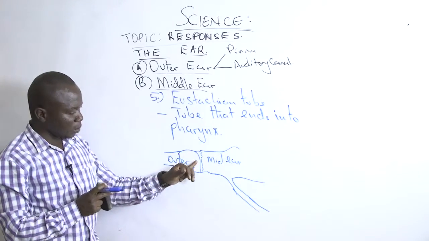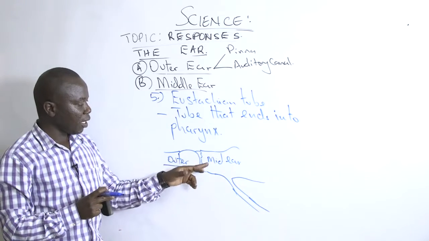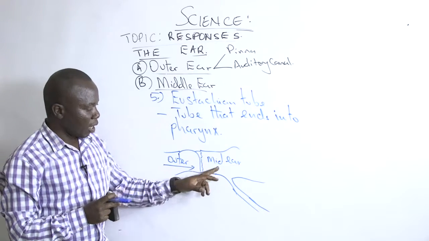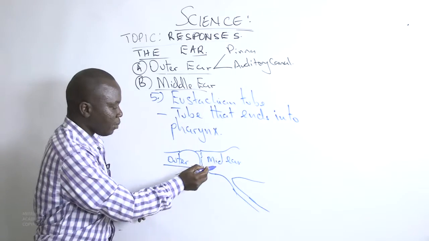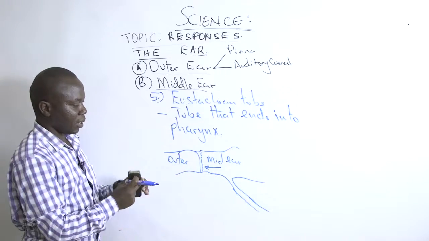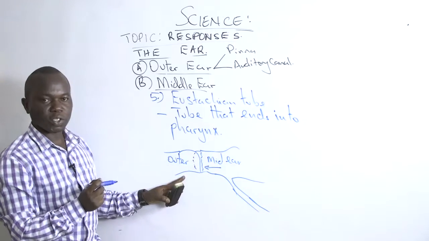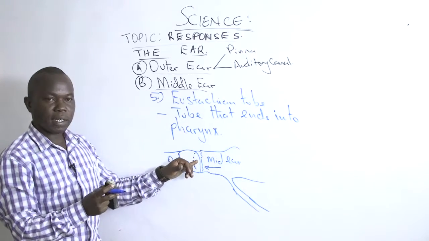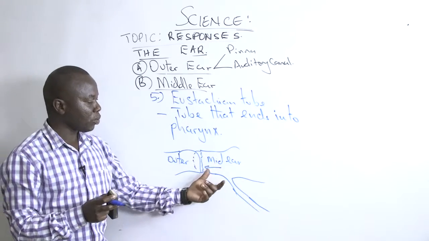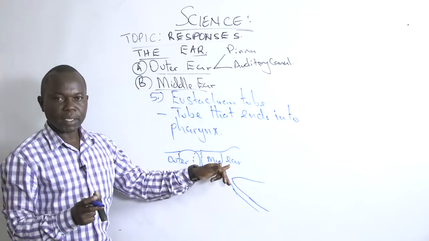When it is higher, it is pushing on the eardrum. If this scenario continues, the eardrum might be damaged or it can burst. Or sometimes here we have more pressure than outside. Still, it will bulge the eardrum in that direction. If that continues for a longer time, the eardrum is going to be damaged. So the Eustachian tube comes in to equalize pressure between the outer and mid ear.